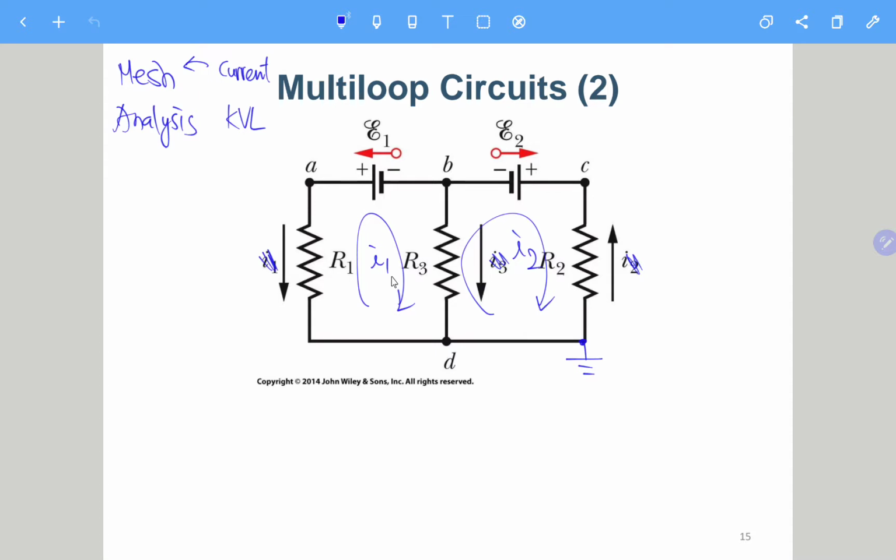Let's say for this mesh, we can just start from here, and then I1, going like this.